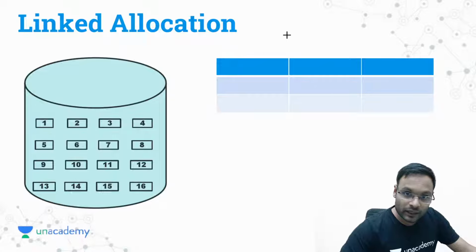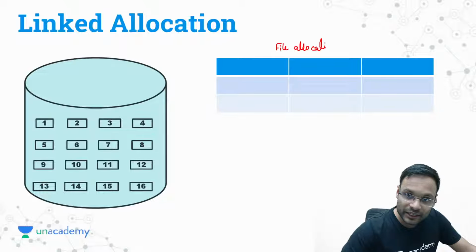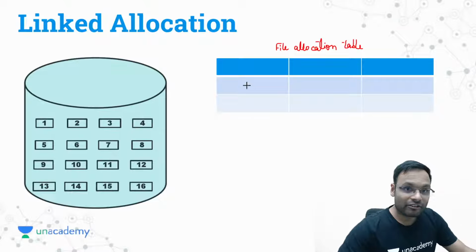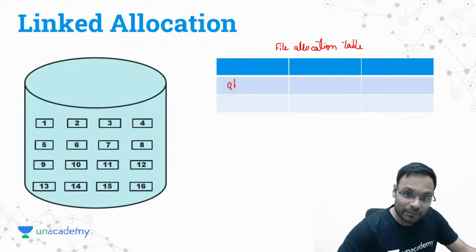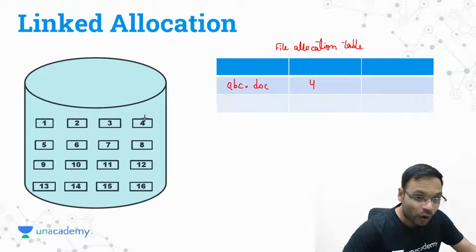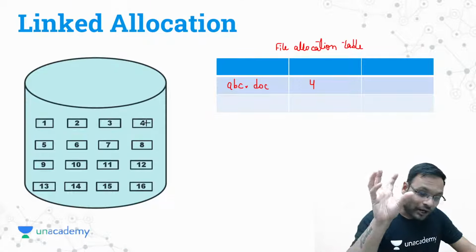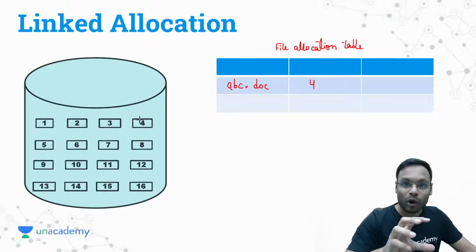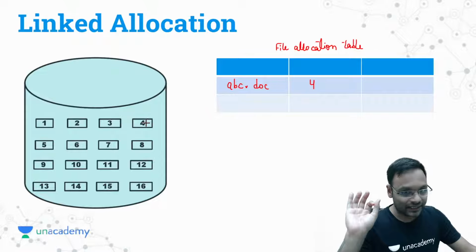First of all, of course, we will have a file allocation table here. But that file allocation table will have a different type of information this time. Let's say I have a file. File name is abc.doc. That particular file starts from block number 4. But in block number 4, what will we keep? For almost the complete block, we will keep the file's content.